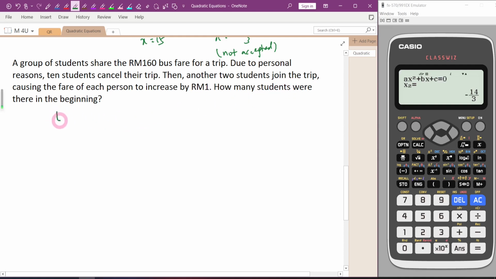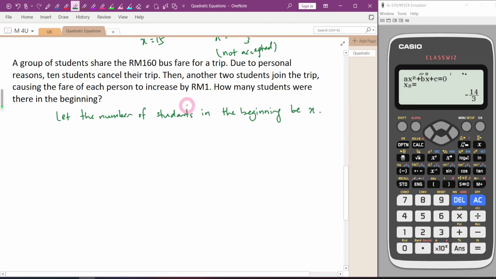Okay, let the number of students in the beginning be x. So now I'm going to find x.